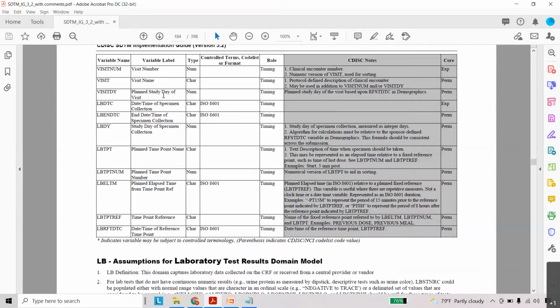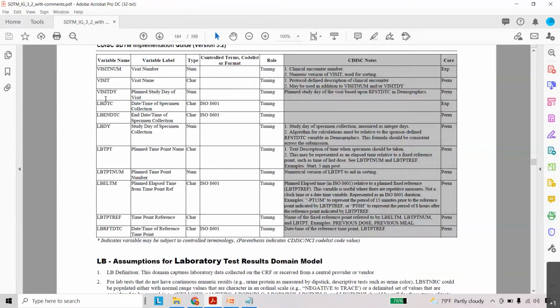Next one is LBDTC. It is the date and time of specimen collection, when the sample has been collected. And we can see LBENDTC, the end date and time of specimen collection. We don't usually have LBSTDTC, only LBDTC is present, because the sample is only taken one time.